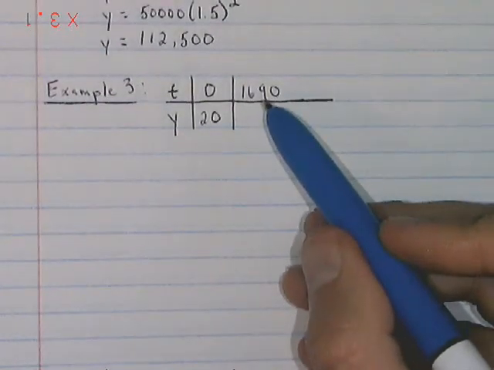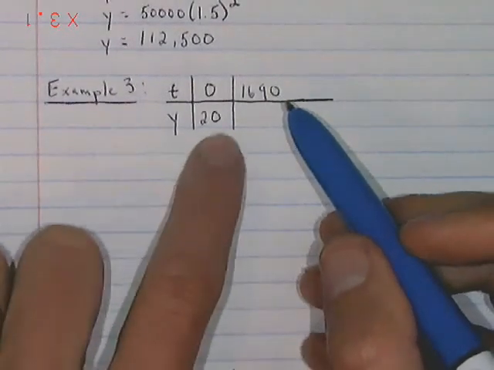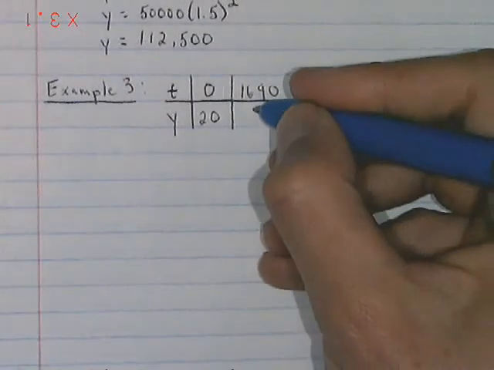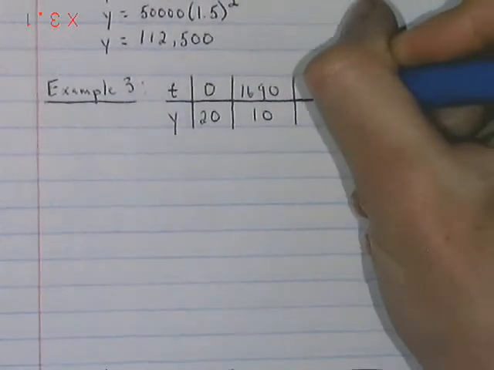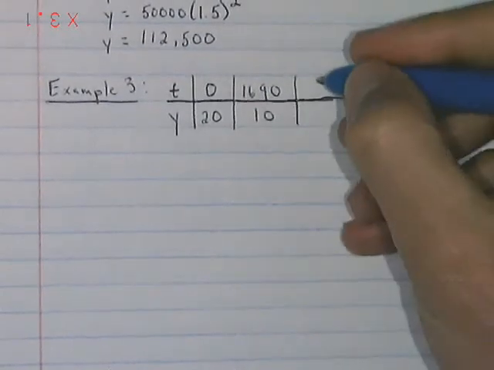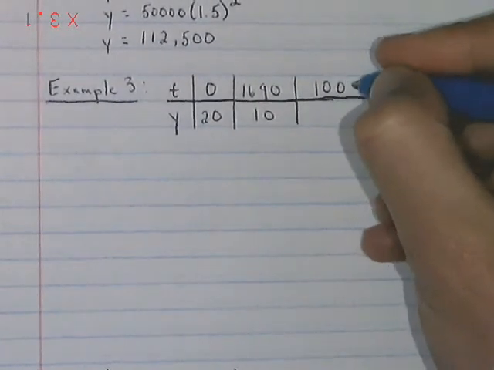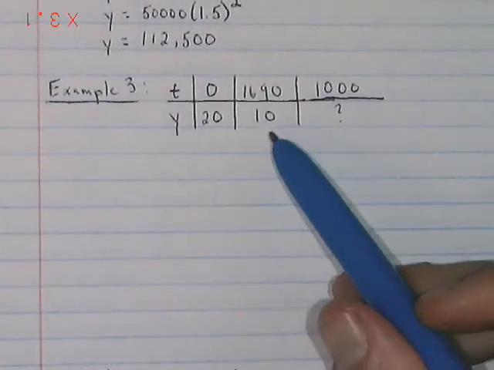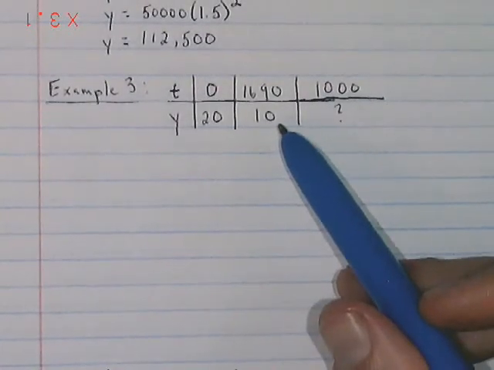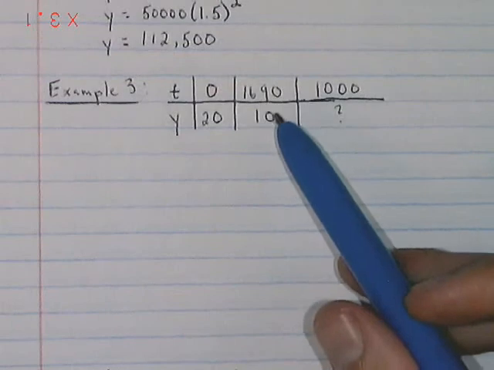So at time 1,690 years, half of the quantity remains, which to me means 10. And the question we're going to be looking at is, okay, what about at 1,000 years? How much is left then? Well, certainly needs to be more than 10 because we haven't reached the half-life, but we'll find out exactly how much.